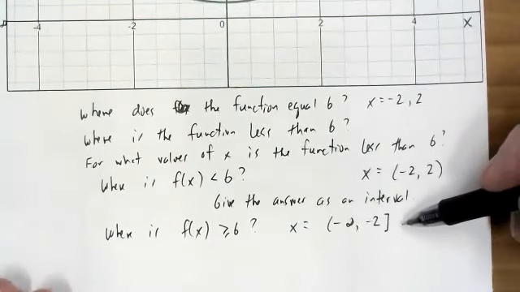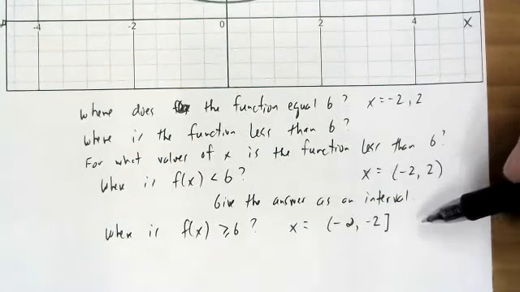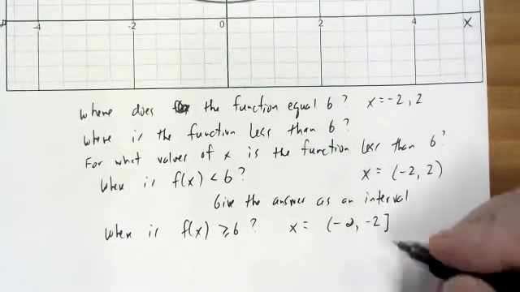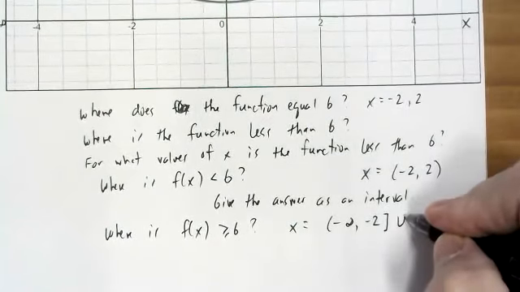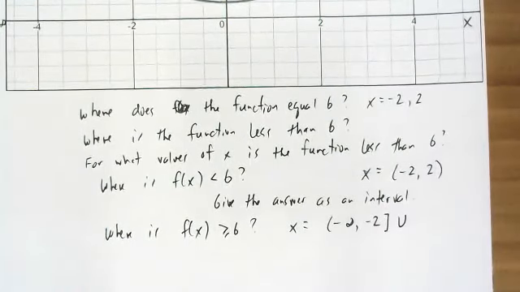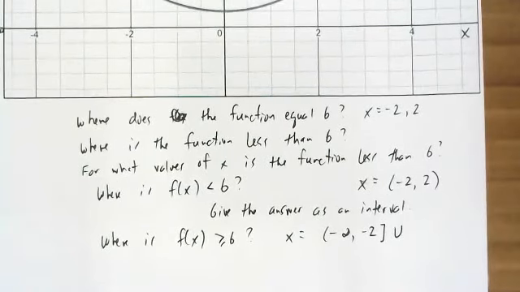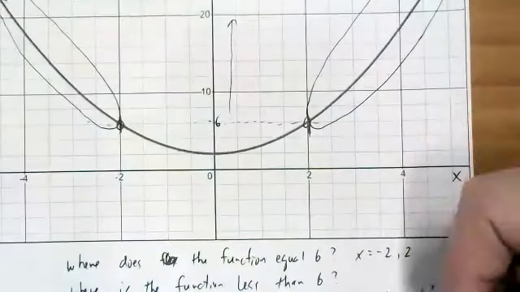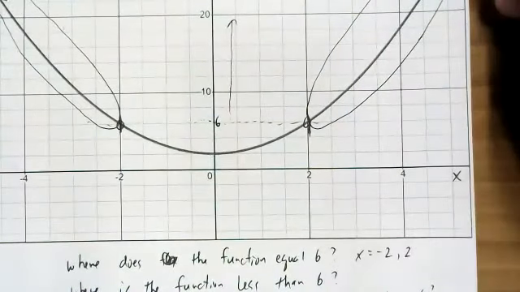Now you can do two things. Sometimes when you first learn these kinds of problems, you have this thing called a union, and you have a union sign which says the solution is this interval and a second interval. So that's one way to do it. I'm going to take this first interval and union it with my other interval.